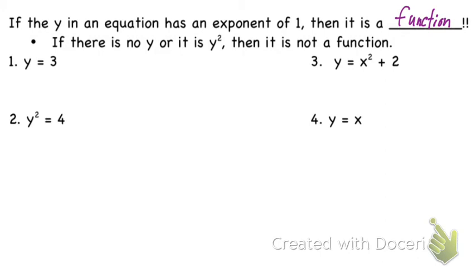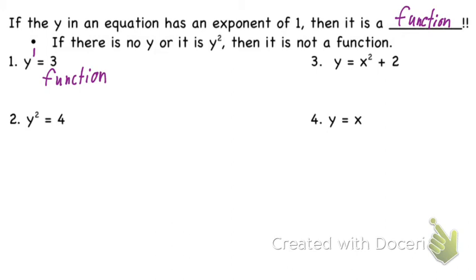Secretly y to the power of 1. So this is a function, because y is to the power of 1. We'll talk more about these later. Now, if there's no y, or it's y squared, aka y has anything other than an exponent of 1, it's not going to be a function.